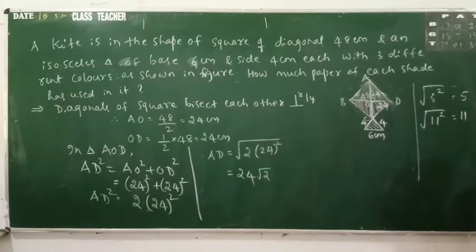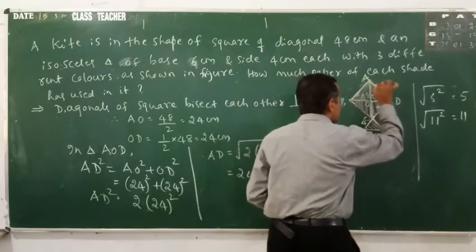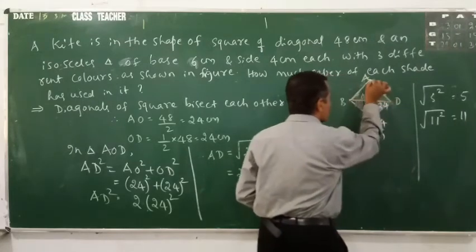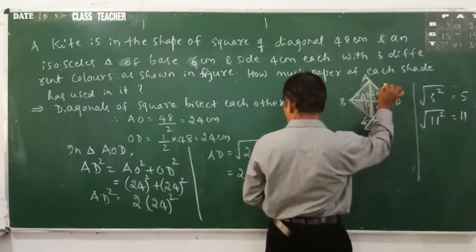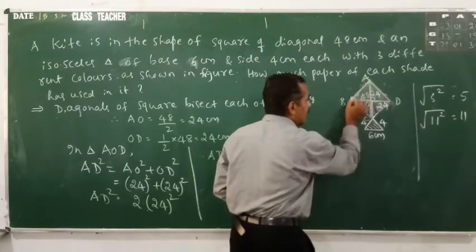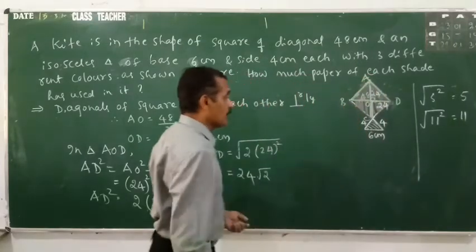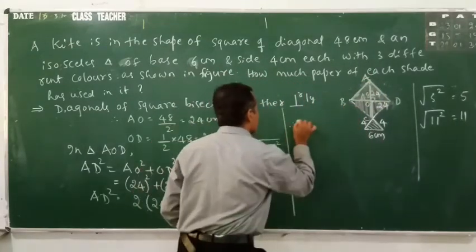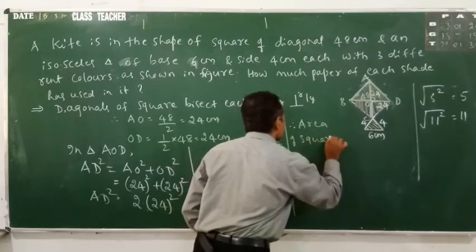Okay. Now, what do I have to do? I can find the area of the first part. Oh no, I have to find directly. I can find the area of the square directly.